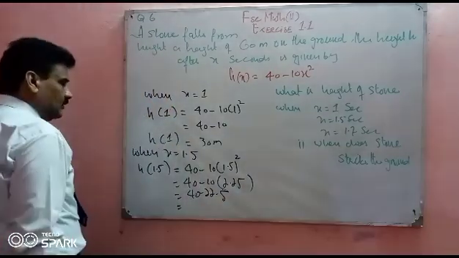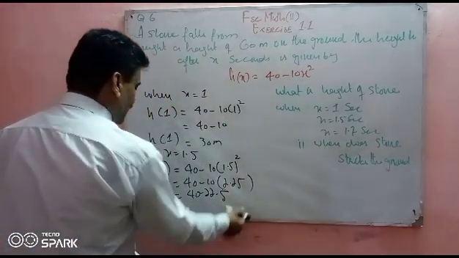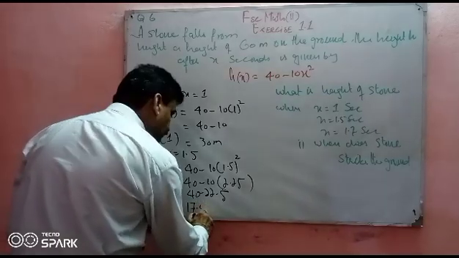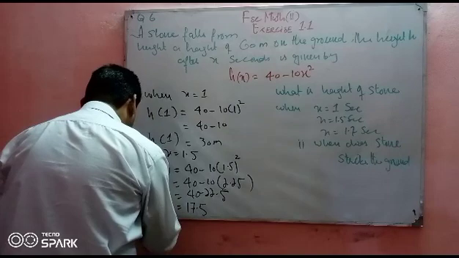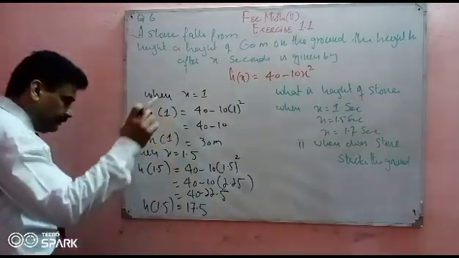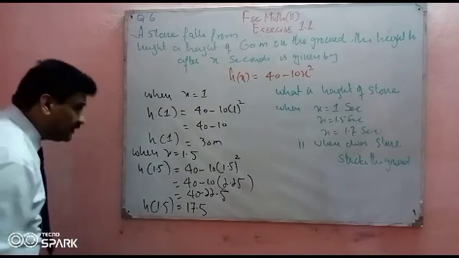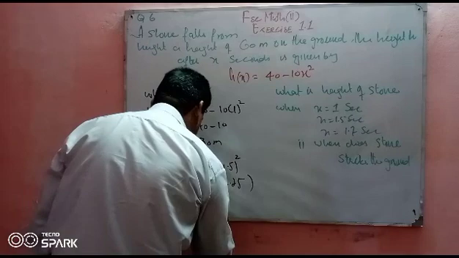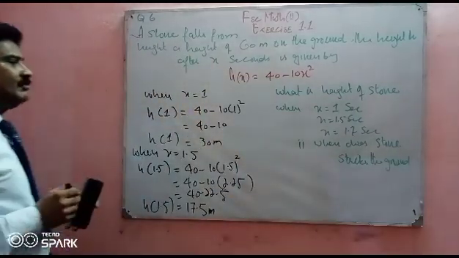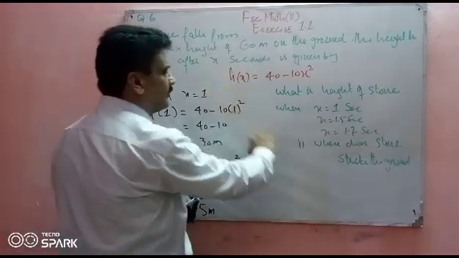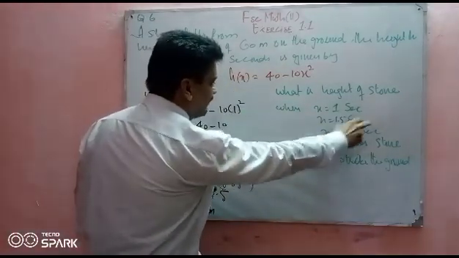After subtracting, 40 - 22.5 gives 17.5. So after 1.5 seconds, the stone is at a height of 17.5 meters.